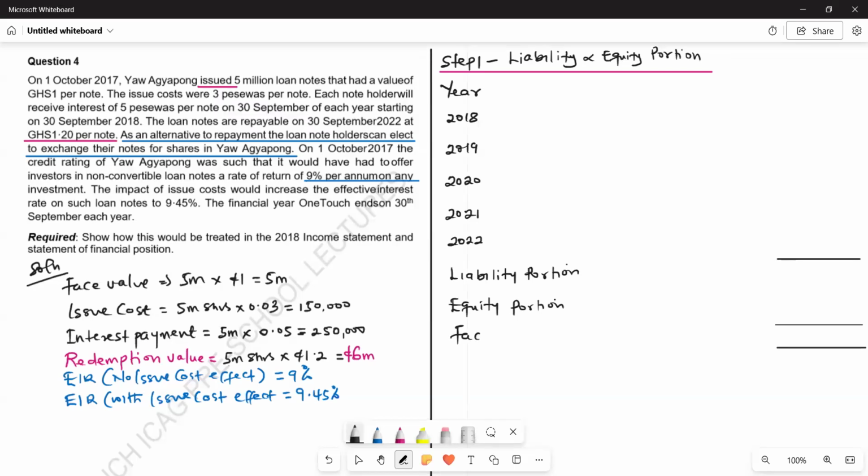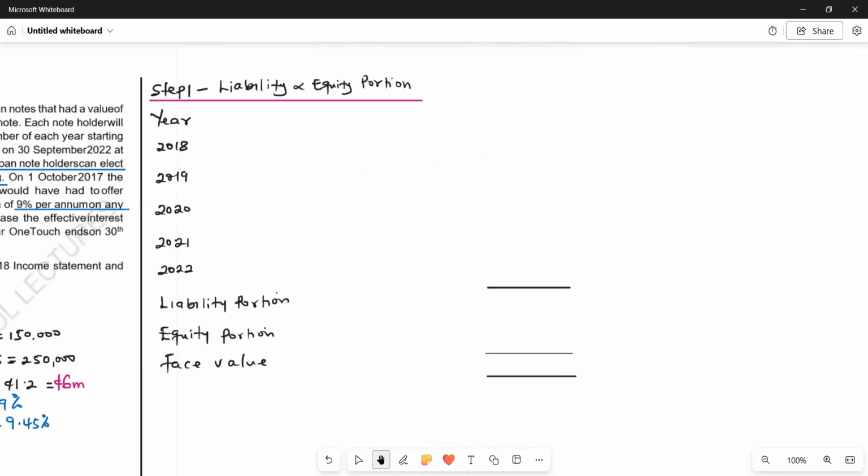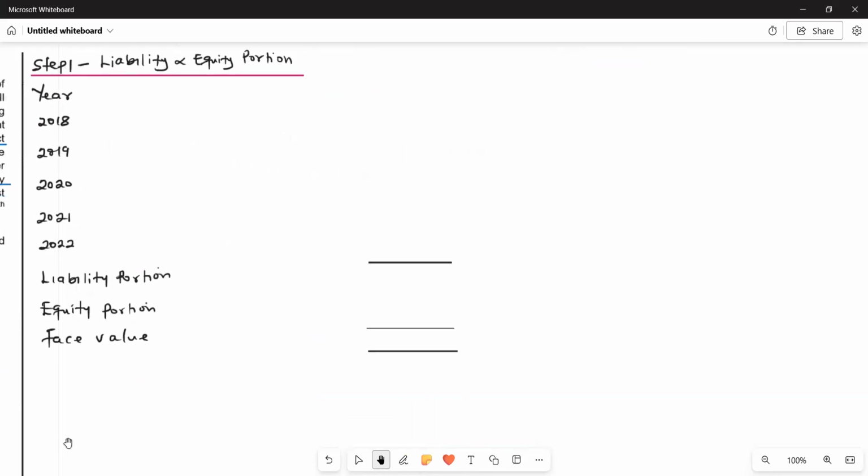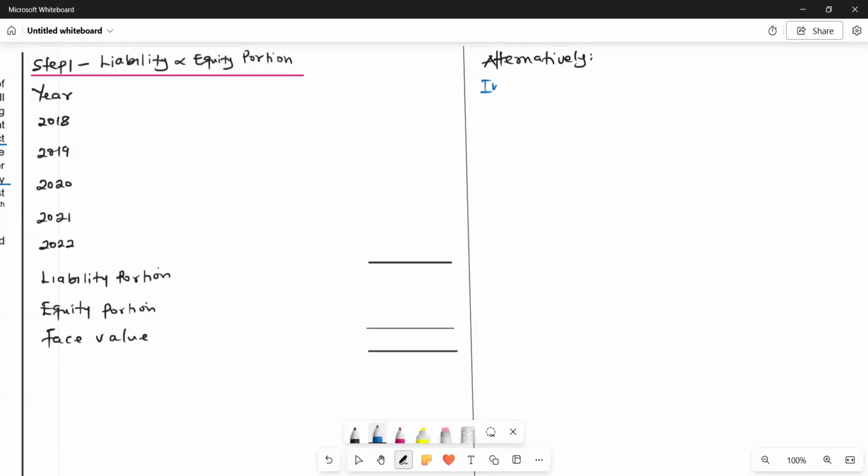So this is the face value. Apart from this Kolo approach that we want to do, alternatively, we could have ascertained the liability and equity portion by calculating the liability portion, as the interest will be for 5 years.